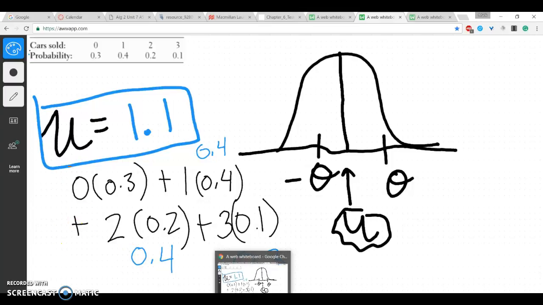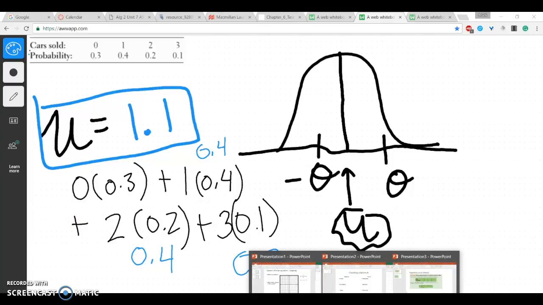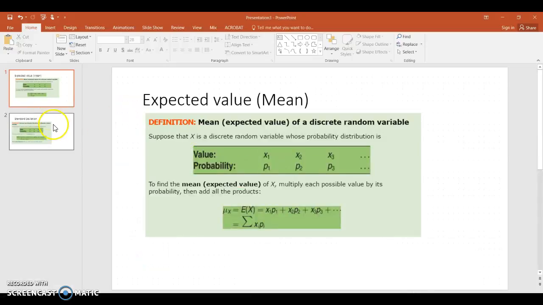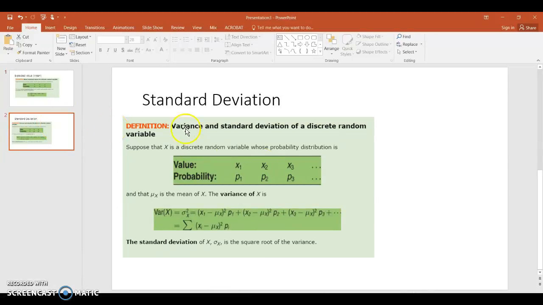And the nice part is, the standard deviation is calculated pretty much the same way as it's always been calculated. You take your value, you subtract your mean, and then you square it, just like we've always done.